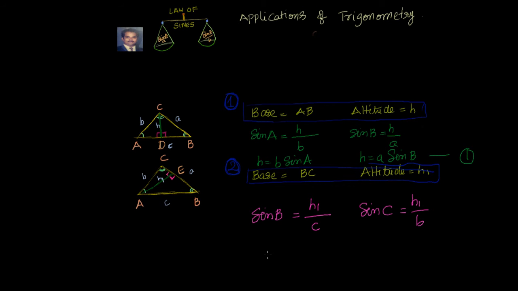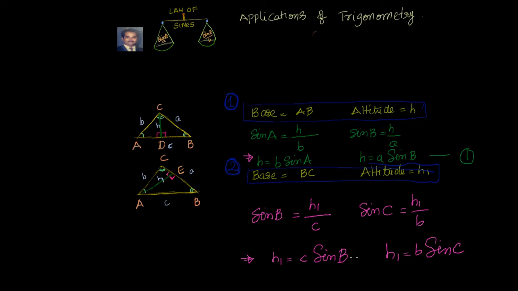So from here you will get h1 equal to c into sine of B, and also h1 equal to b into sine of C. But you can see we already got the earlier result, and if you manipulate this, it becomes nothing but sine A by a equal to sine B by b.